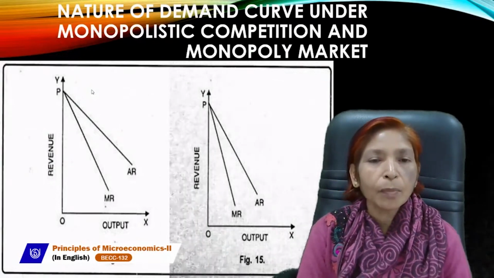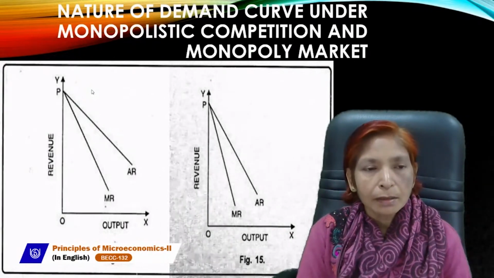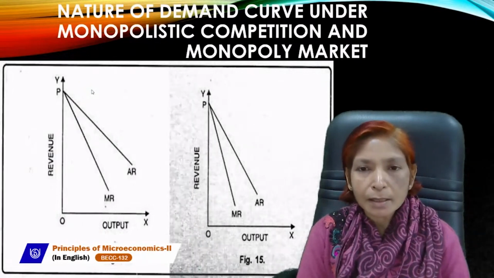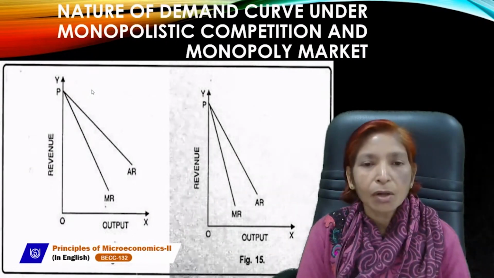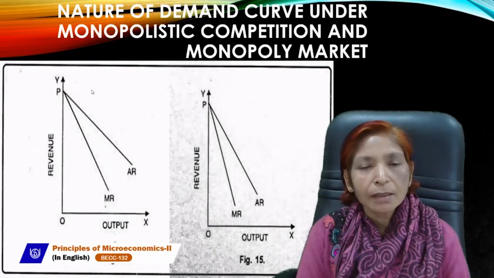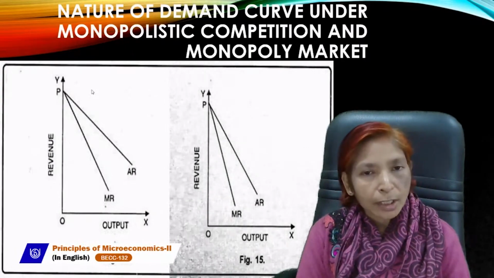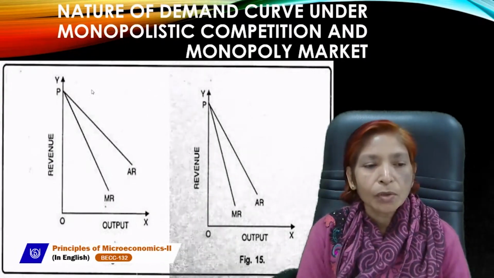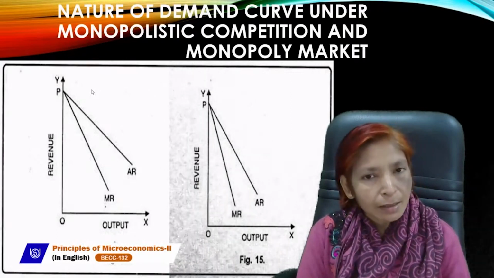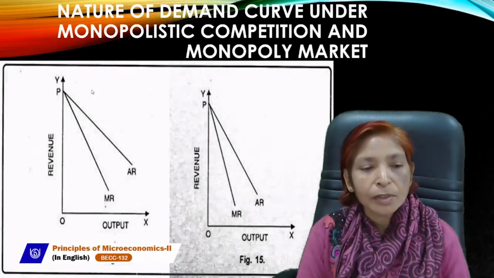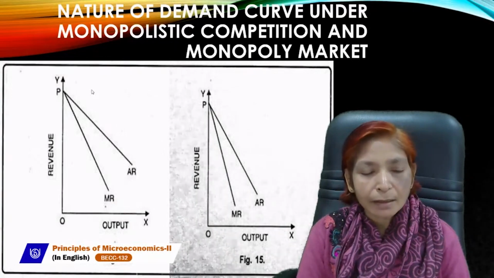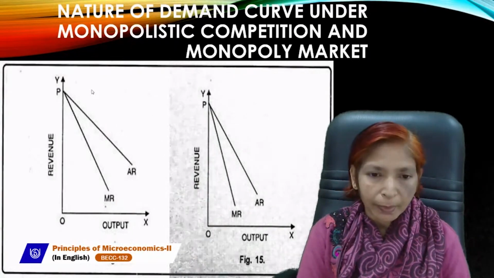And in a monopolistic competition market, there are a large number of buyers and sellers, and all sellers sell differentiated products. So demand is highly elastic. That's why the demand curve is flatter and downward sloping.